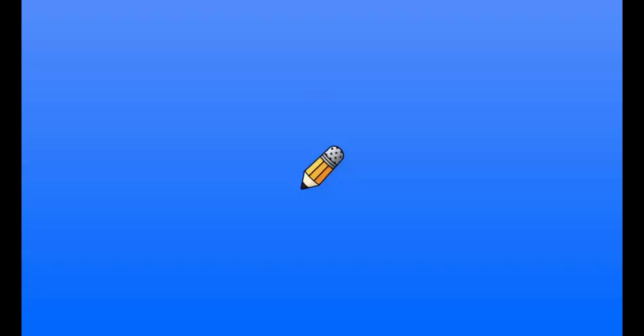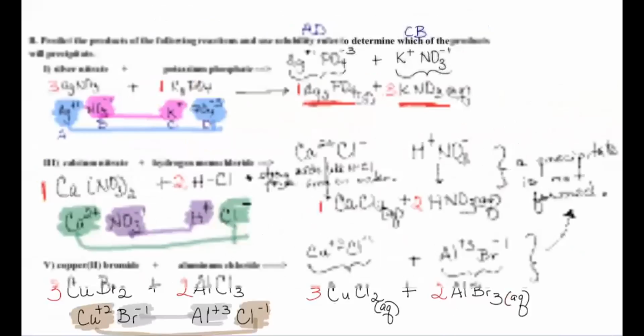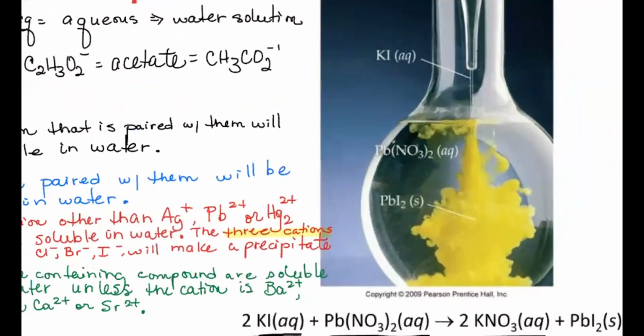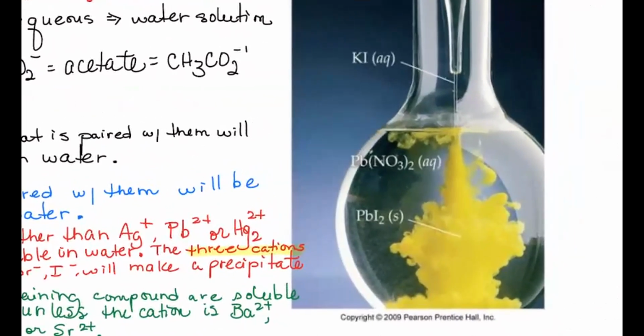And the reason why they form a precipitate is because they are in an aqueous system, right? Because look at the image here. You have potassium iodide that is aqueous. That's why it's a clear colorless liquid. You have lead-2 nitrate, which is whatever is surrounding the yellow.